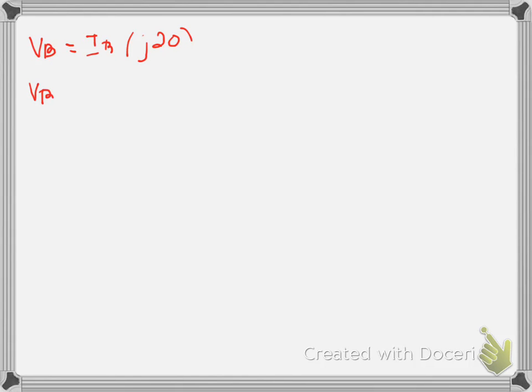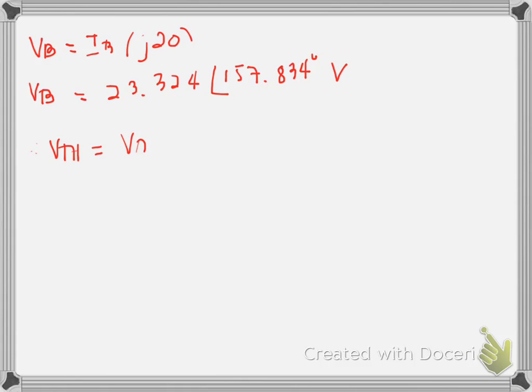So VB is equal to 23.324 angle 157.834 degrees volts. And finally, from the condition, VTH is equal to VA minus VB.